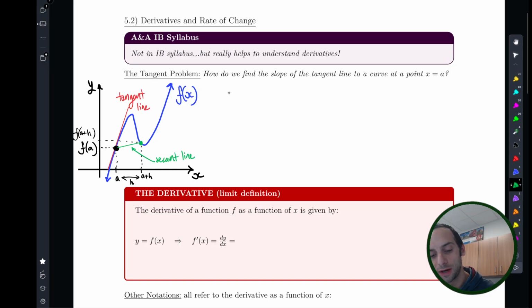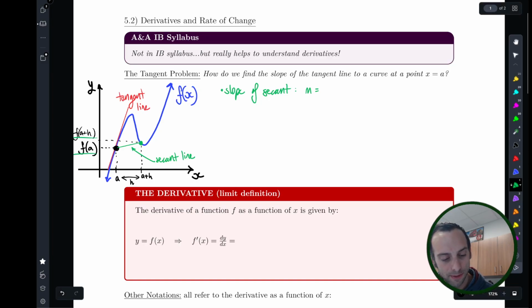Okay? So if we go ahead and write an equation for the slope of that secant line, slope of secant, we know that that's calculated just using the gradient formula. So y2 minus y1 over x2 minus x1. We're going to write it in terms of functions here. So in this case, it would be the difference in the y values.